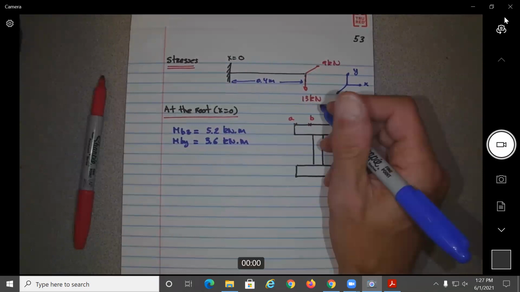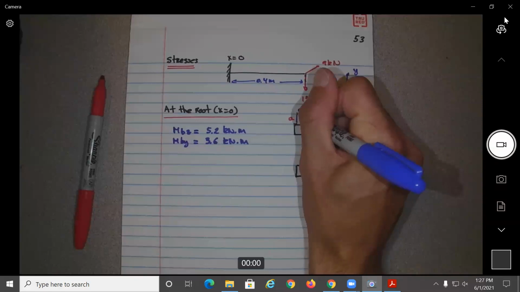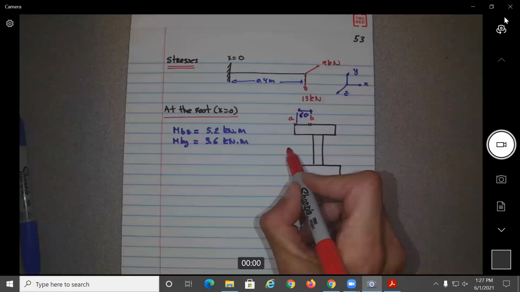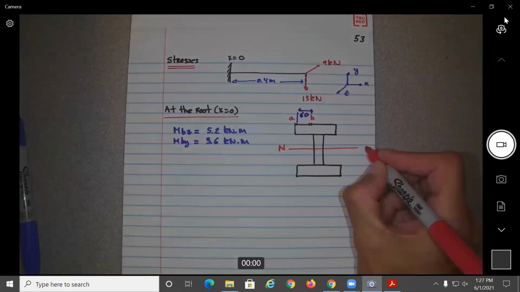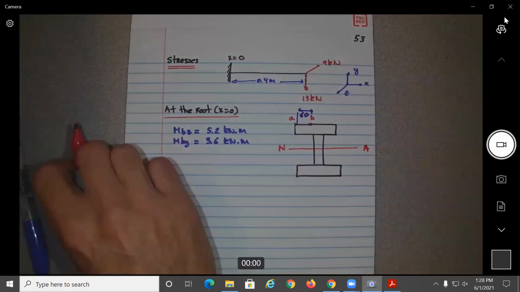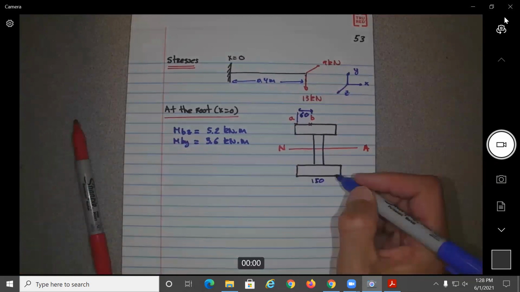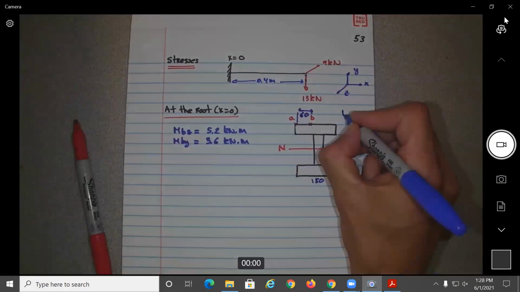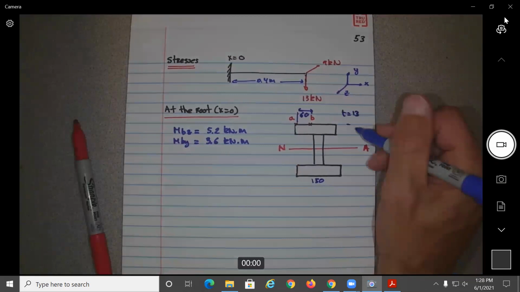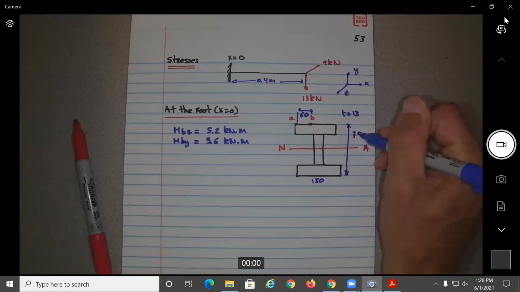And the distance between A and B is 60 millimeters. And again, this should be the neutral axis. This is 150. What else do we know? T is 30 millimeters. And the total depth is 75.